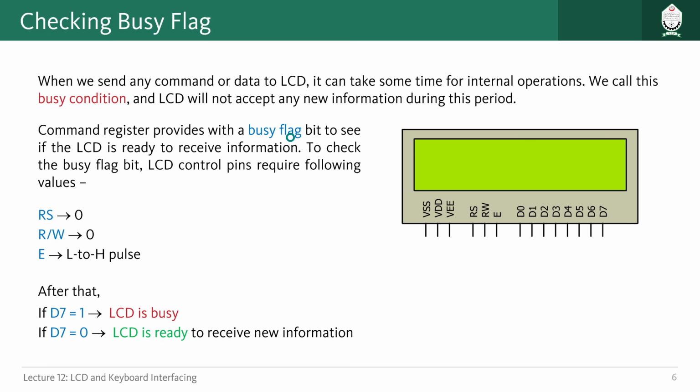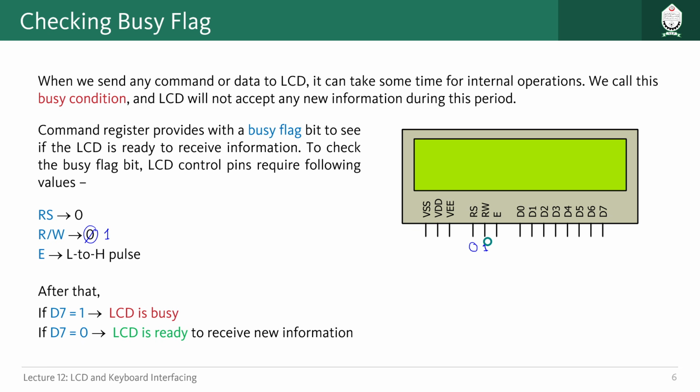For that, we make RS equal to 0 because we want to read from the command register. Okay, and here I think RW should not be 0, it should be 1, because we want to read something from our display. That means our RW pin should get 1.